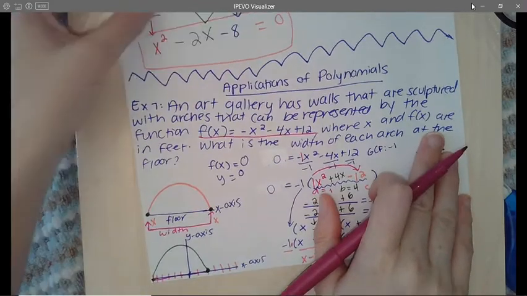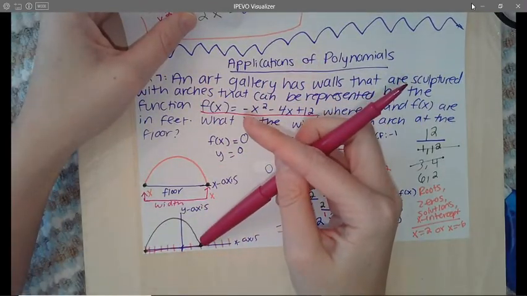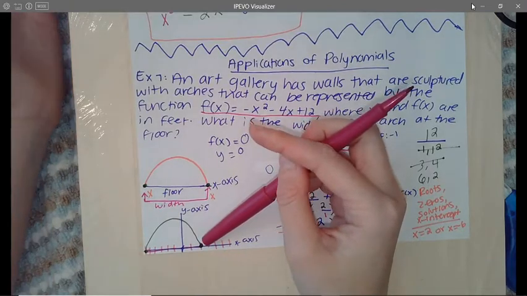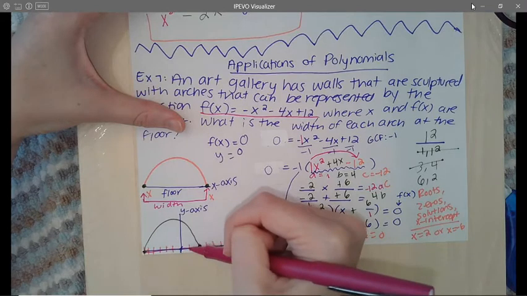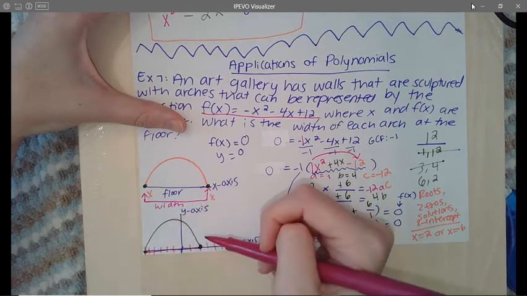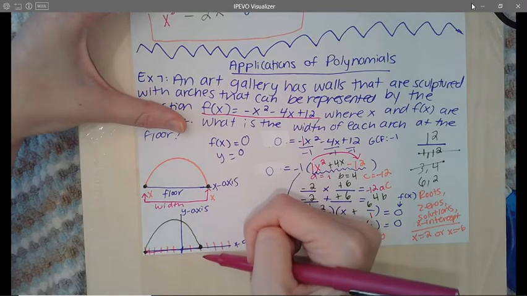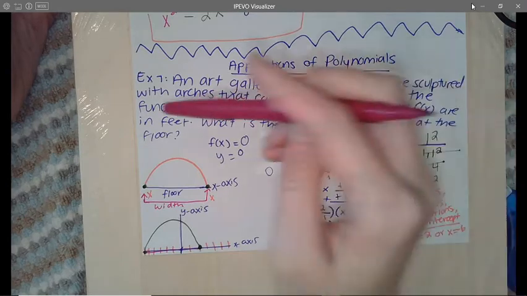Okay, so what do you guys think I could do to find the distance between this x and this x? Exactly, you guys. You could just count. Like I could just say 1, 2, 3, 4, 5, 6, 7, 8. There are 8 tick marks in between these x values. So the width of the arch at the floor is 8, and they also told me that the x and f of x are in feet.